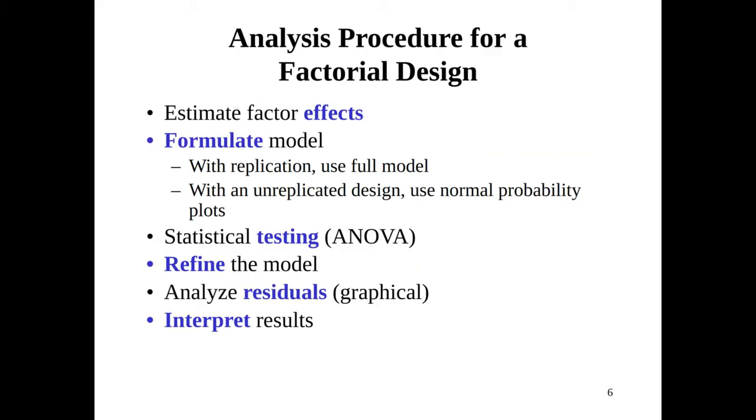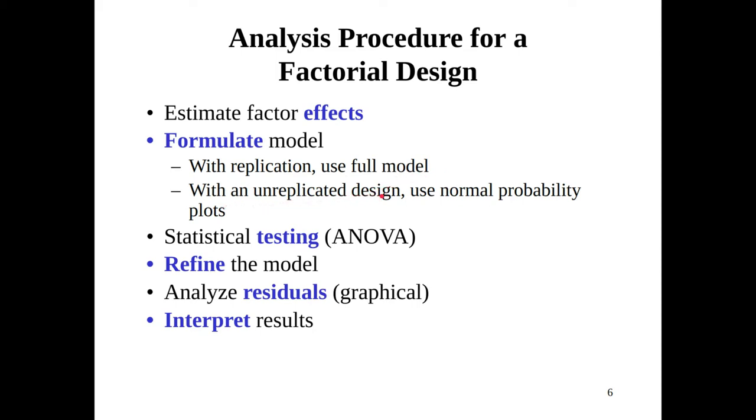Now, to perform the analysis of variance in 2 raised to k factorial designs, here is the procedure. First, we estimate the factor effects. Then we formulate the statistical model that we need to use. With replication, if we are performing more than one experiment at each combination, if our sample size is more than one, then you can use the full factorial model.